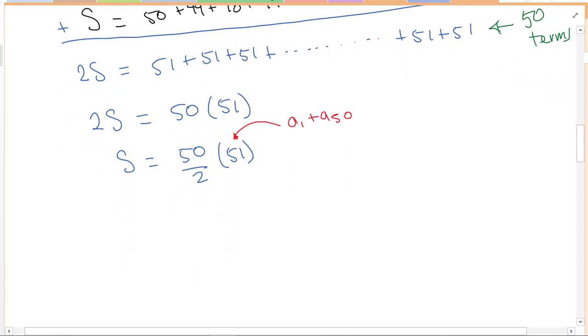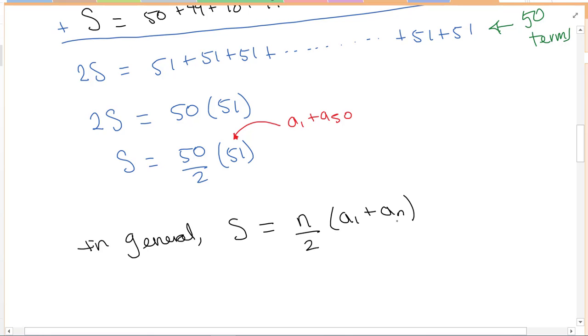And so in general, I can say that the sum is going to be, what was the 50? 50 was the number of terms, so it's going to be n over 2 times a1 plus an. Right, so for a50, notice that the 50 there matches up with the a50.